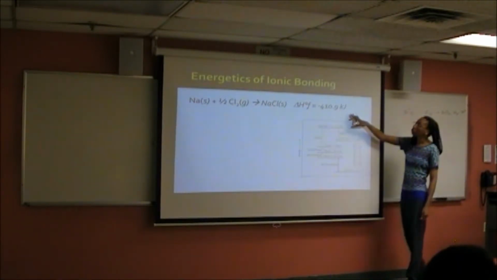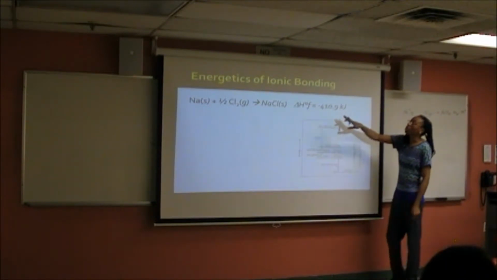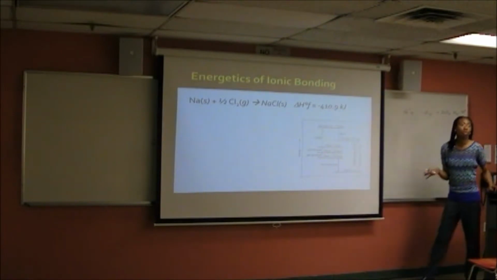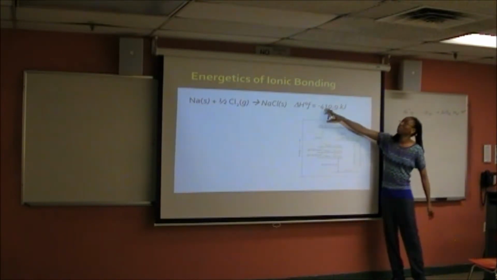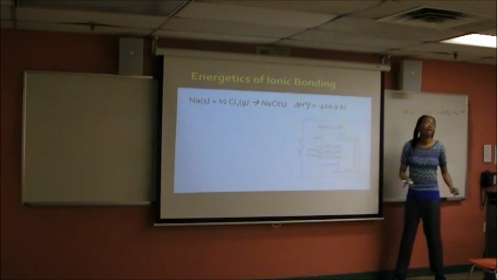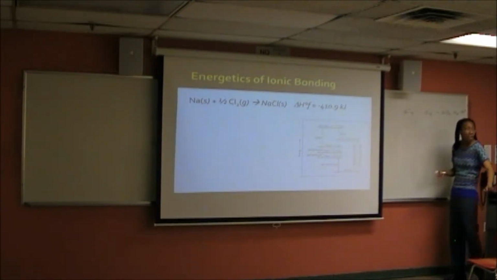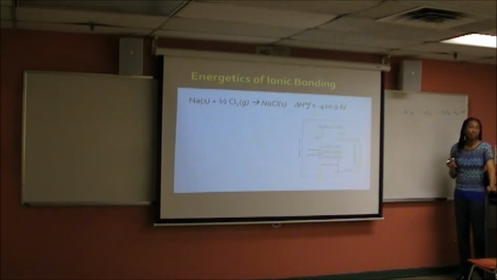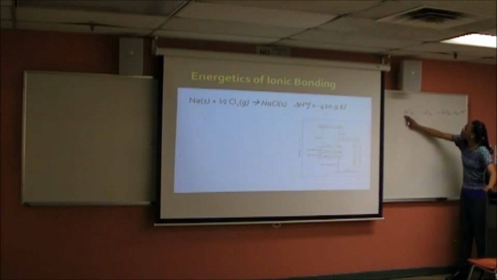We know that all the little steps involved in making sodium chloride need to add up to negative 410.9 kJs. Now we're going to do the Hess's law reference. We're starting with sodium.